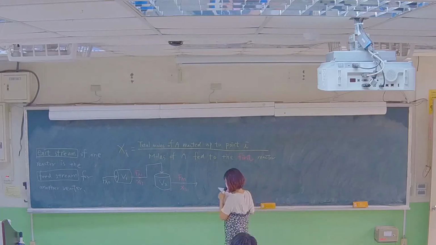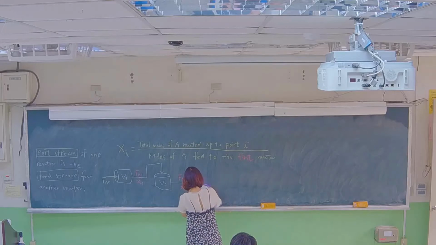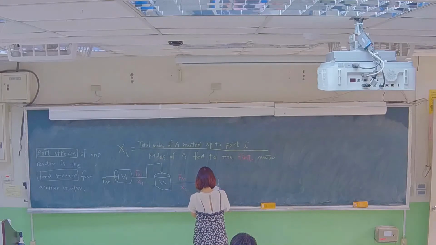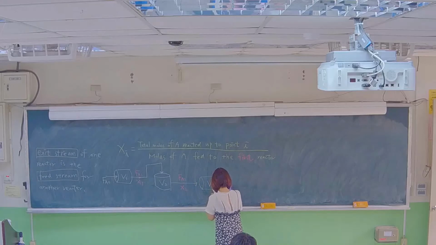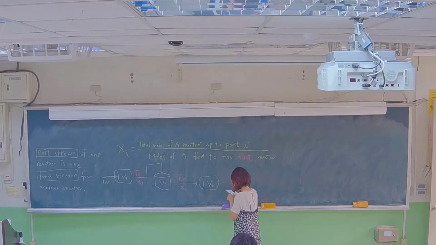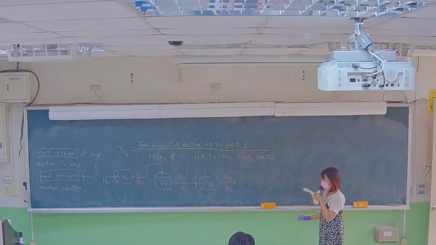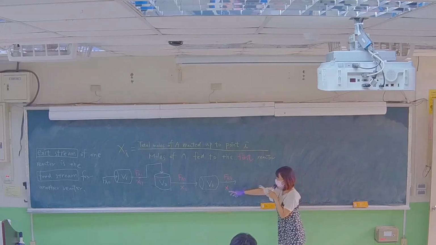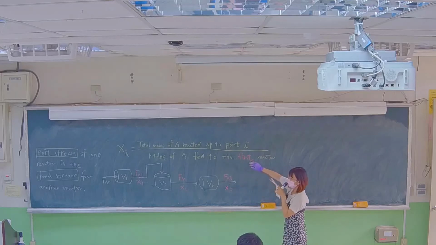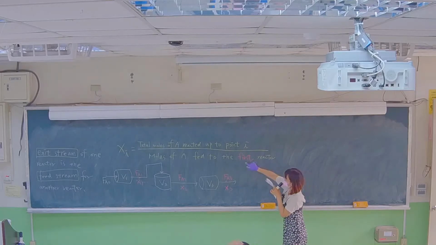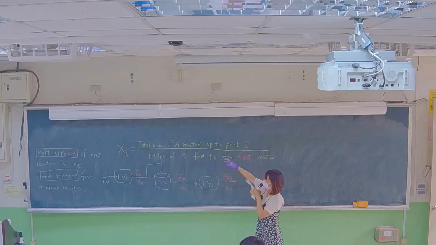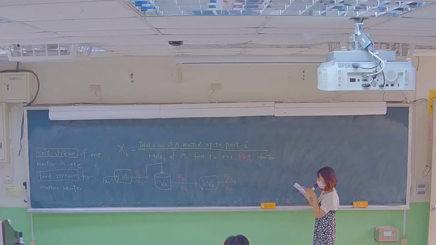So continue. Go to the last reactor. So volume is V3. After this reactor, you get FA3 and X3. Okay? So remember the definition for conversion is versus the feed to the first reactor.